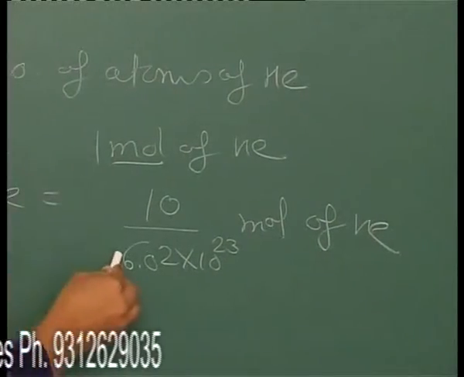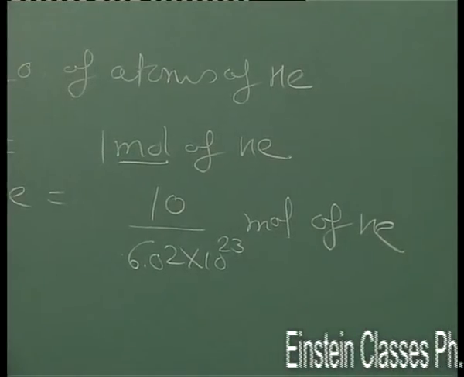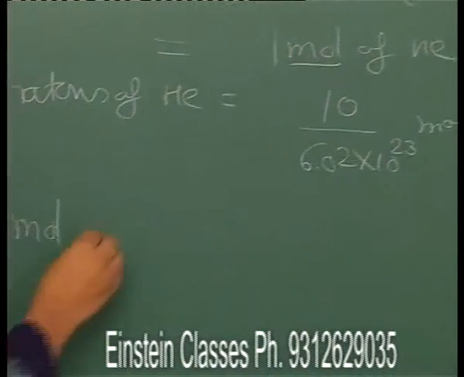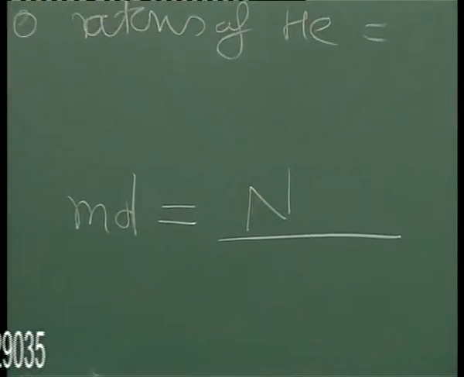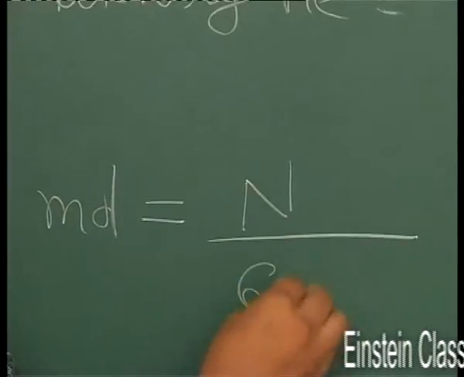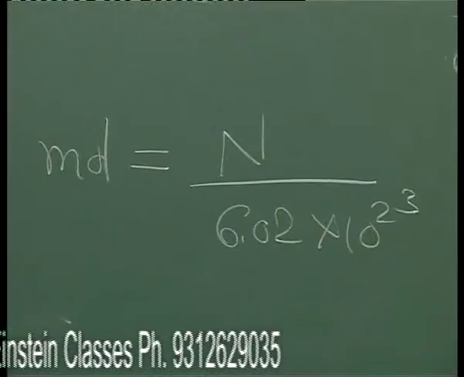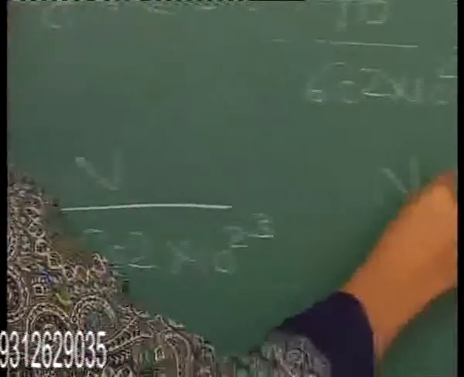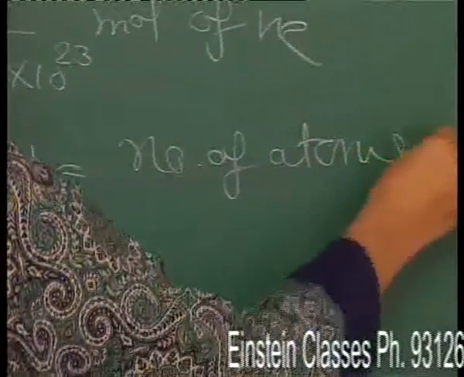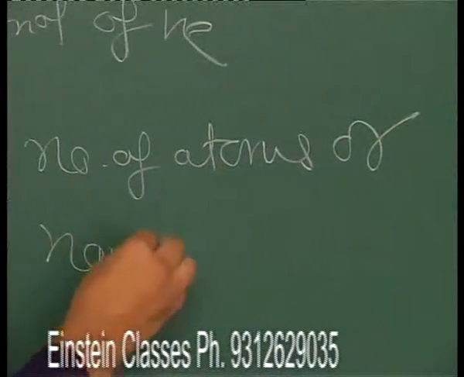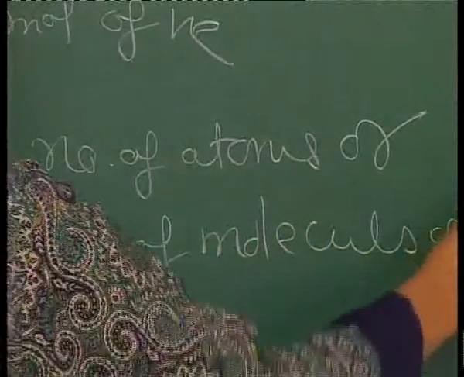So we can get a formula from these two concepts: to calculate the mole of any substance, it is equal to the given number of atoms, molecules or ions divided by 6.02 × 10^23. Here N could be the number of atoms, molecules or ions.